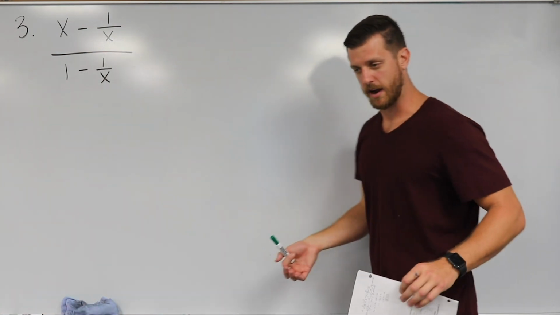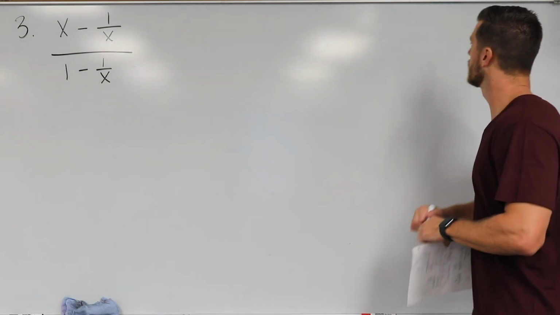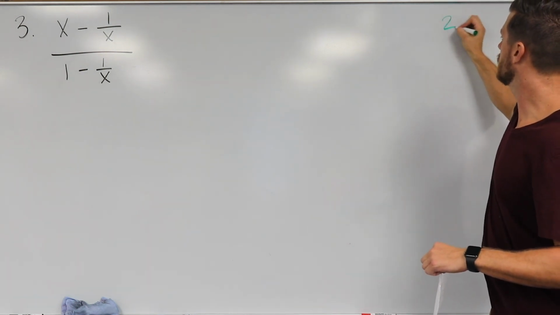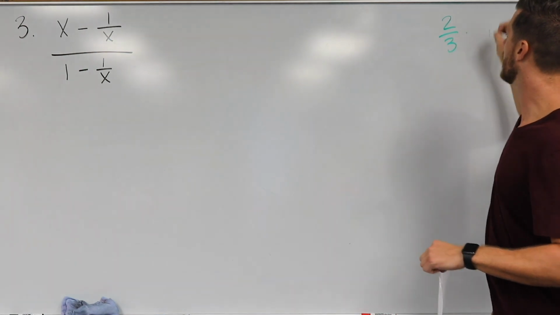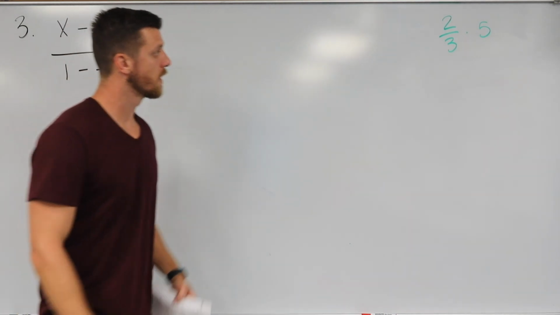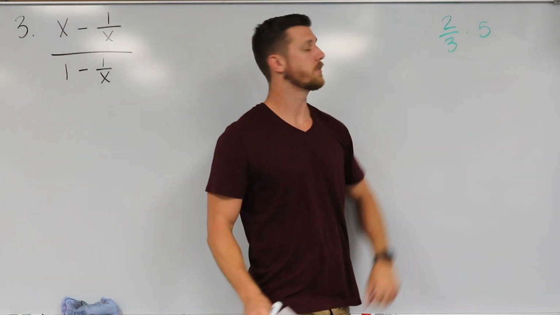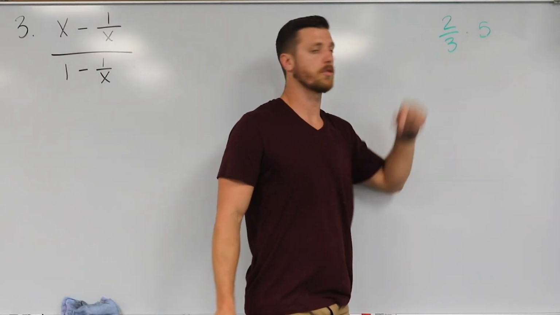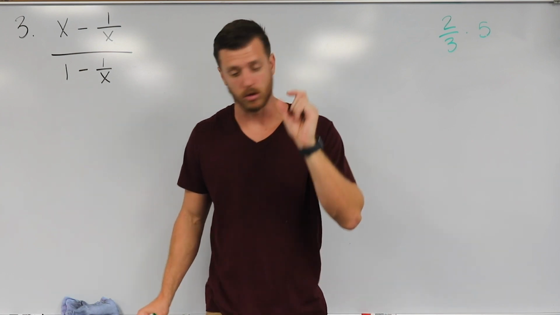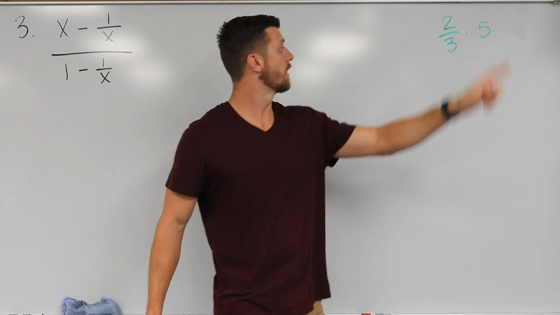We did talk about fractions, but if I had 2/3, and I said multiply that by 5, a lot of us would take this 5 and multiply it to the 2 and to the 3. Incorrect. How do you multiply fractions? Well, you have to make sure both of them are fractions. That's a fraction.